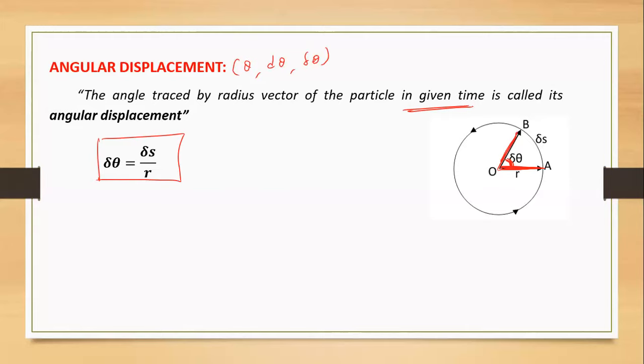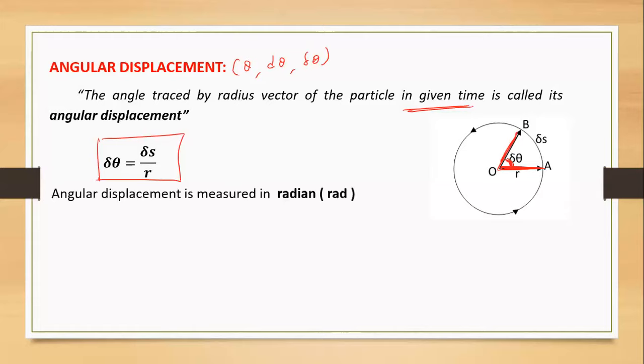Now we can write its unit and dimension. You already learned 7 fundamental quantities and 2 supplementary quantities. In supplementary quantities you learn plane angle and solid angle. Angular displacement is a plane angle. If it is a plane angle, then the angular displacement has the same unit as the plane angle.